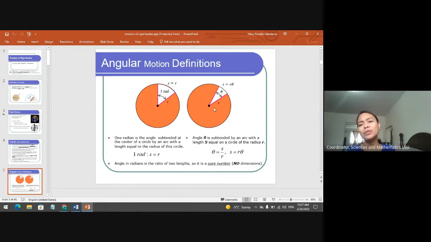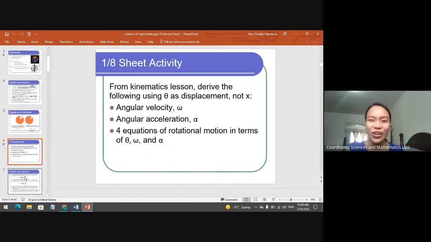So just simply multiply the radius times the angle in radians, and you get the arc length, the distance that our point is covering when it travels from theta 1 to theta 2.